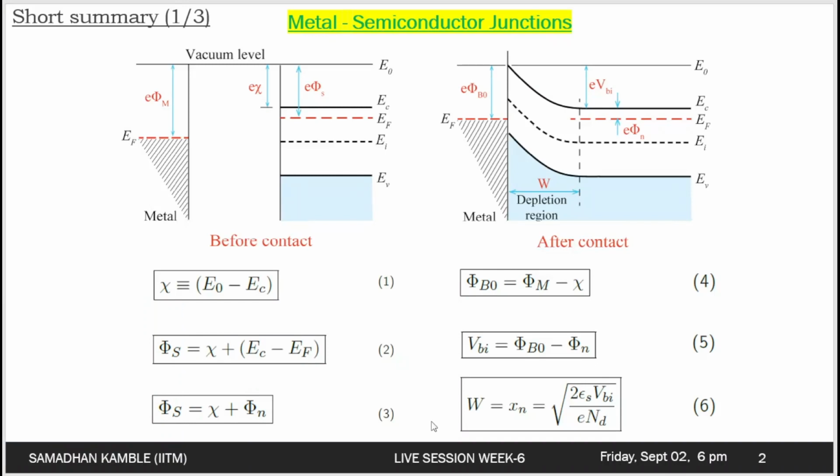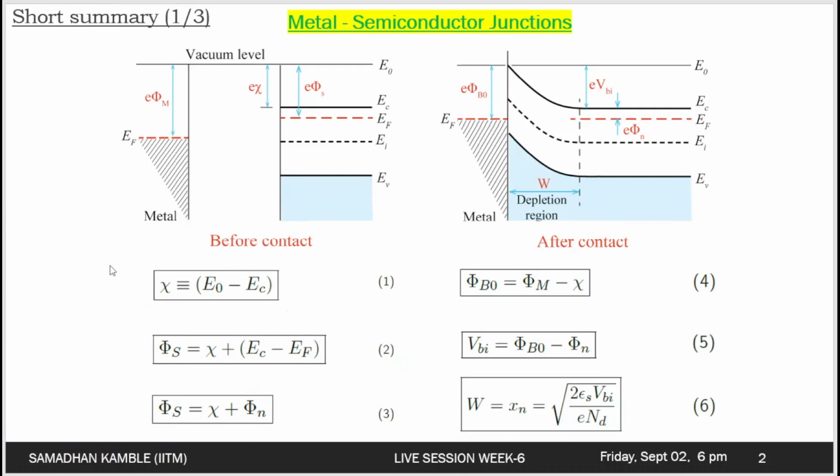Okay, so let us consider this metal semiconductor junction before and after applying the contact here. There are different parameters of interest that will be helpful in the problem solving as well. So let me go one by one.